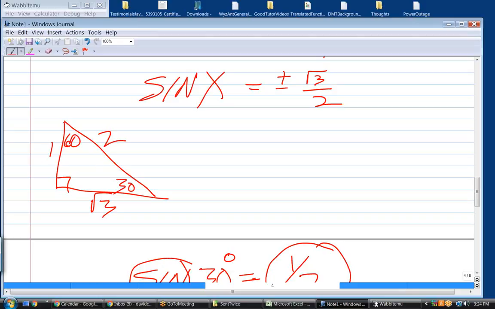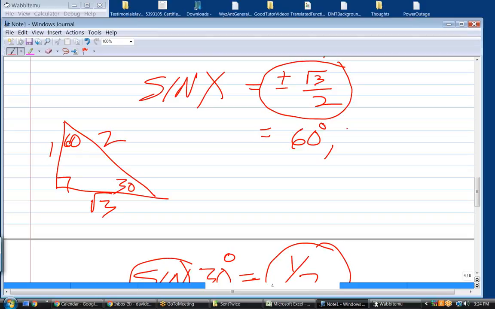Right. In other words, that you should have memorized. So what you want is where in the unit circle is the sine of that angle either plus square root of 3/2 or minus square root of 3/2. Well, there's one answer, 60 degrees.